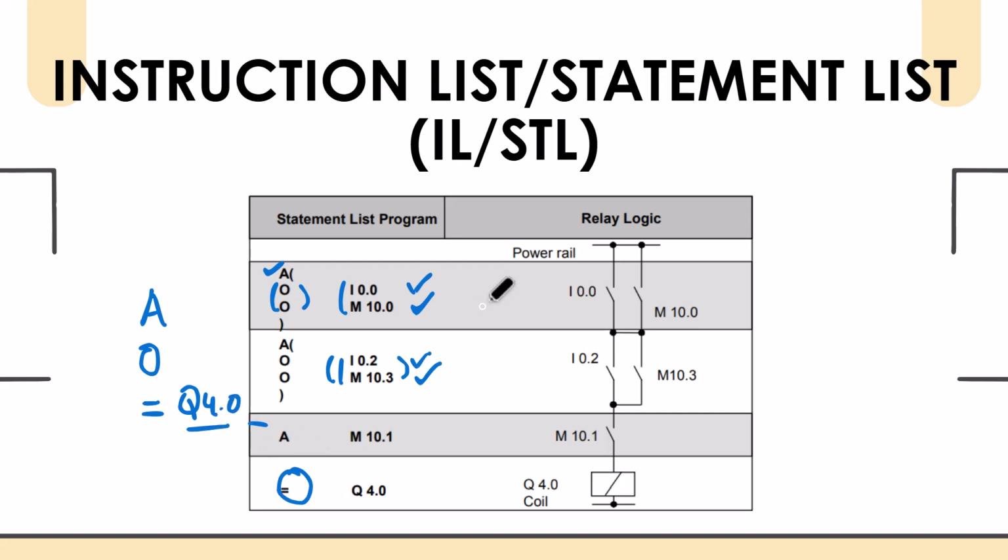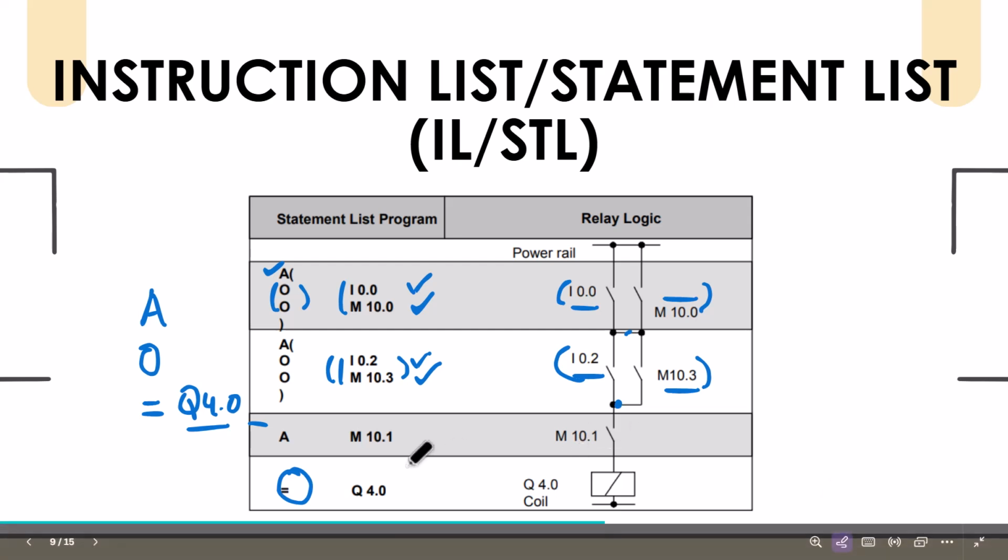To help you understand, the relay logic of this statement list is on the right side. We have I0.0 and M10.0. These two signals have been ORed. Similarly, I0.2 and I0.3, these two signals have been ORed, and the results of these individual OR operations are ANDed, and the result of this AND operation is then again ANDed with M10.1.